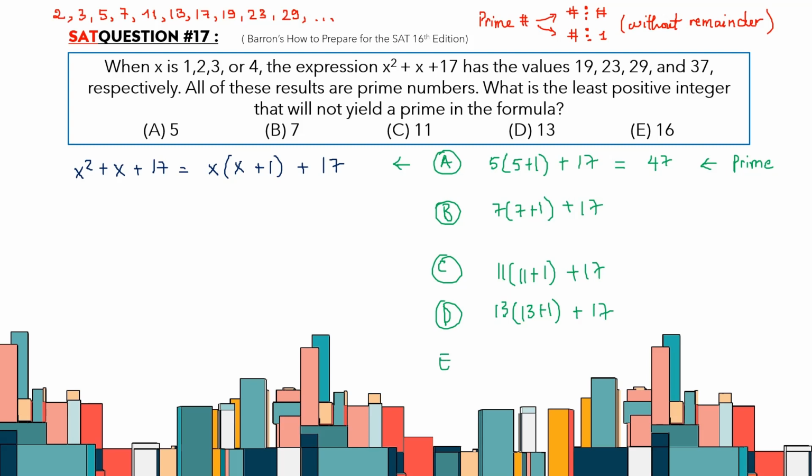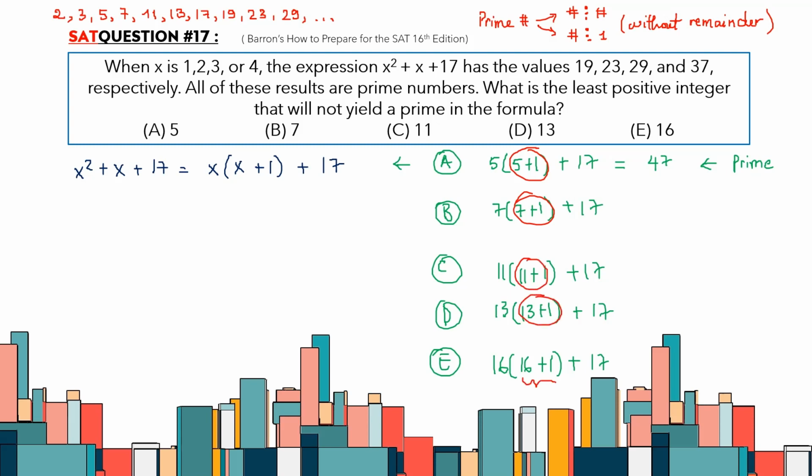And then E, we noted that none of these forms a common factor with 17 except for E.